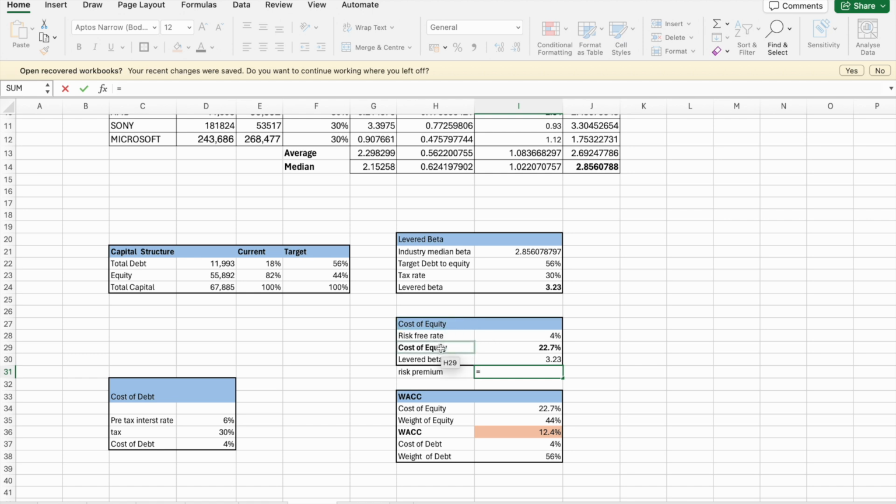Wait a second, I missed one point. It's not for the calculation, it's just to show you, because I have already done the calculation. So the S&P 500 return is 10%, and the risk premium is simply the S&P 500 return minus the risk-free rate, 6%.